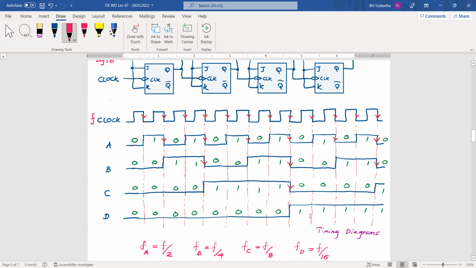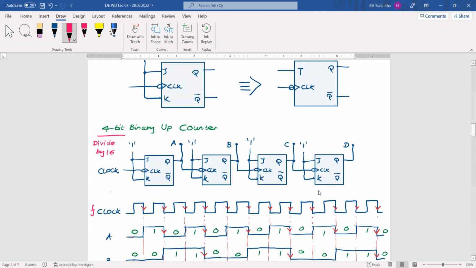In addition to saying this is a counter, you can say these are frequency dividers. How can we divide frequency? If it is a 2-bit counter, you can say this is a divide by 4 count. You can divide the original frequency by 4 when you use a 2-bit count. When you use a 3-bit counter, it's coming up to ABC.